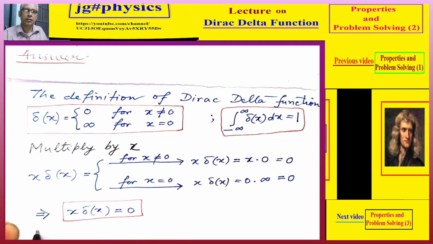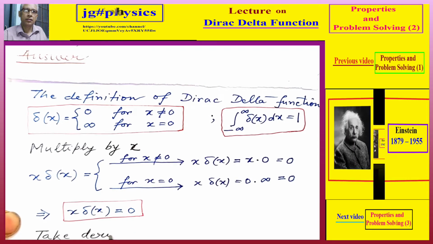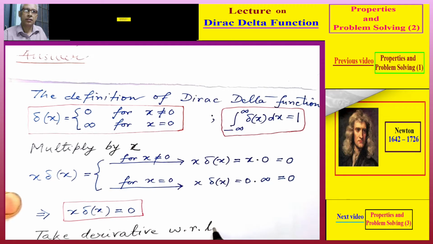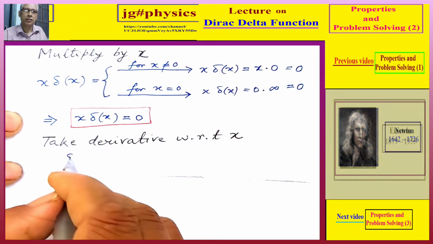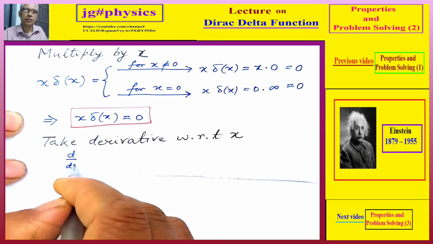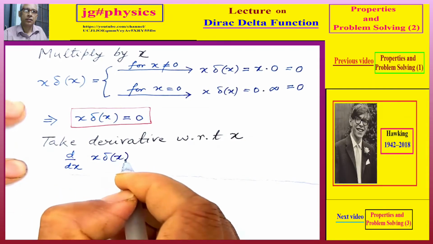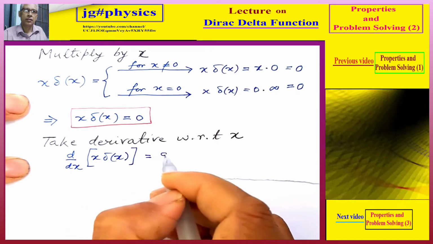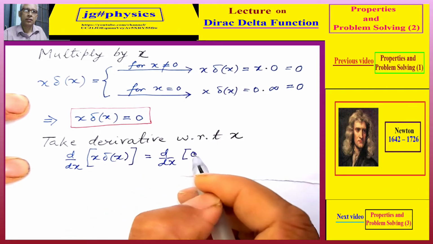Now let us take derivative with respect to x, and this gives d/dx of x delta of x as the left hand side, and the right hand side is d/dx of 0, which obviously is 0.